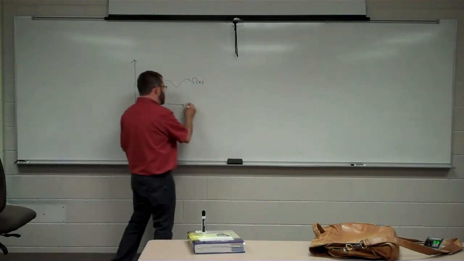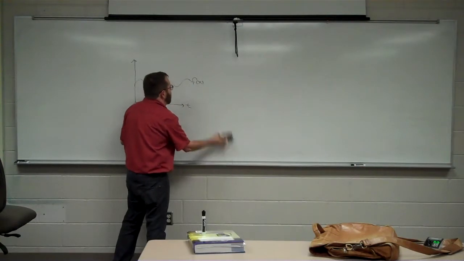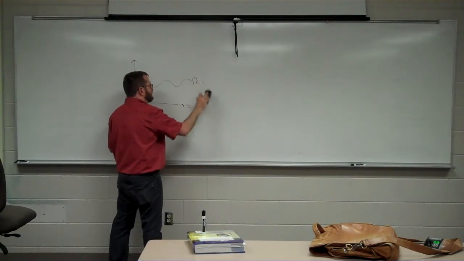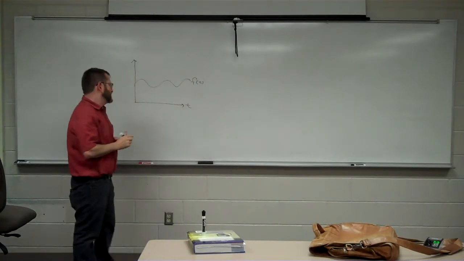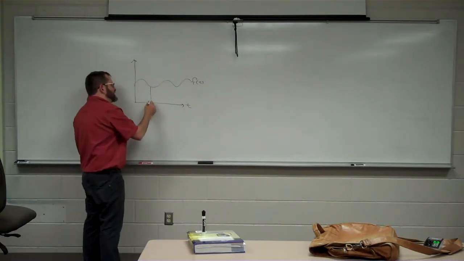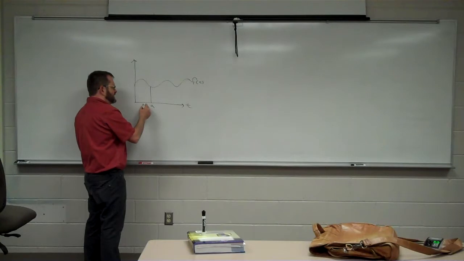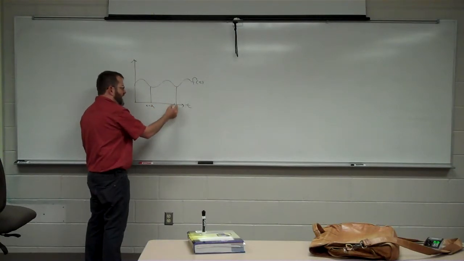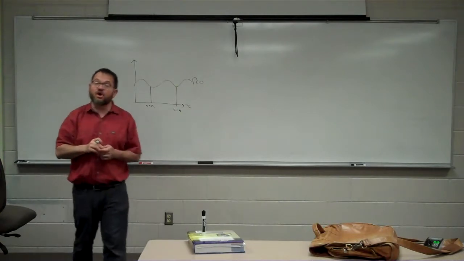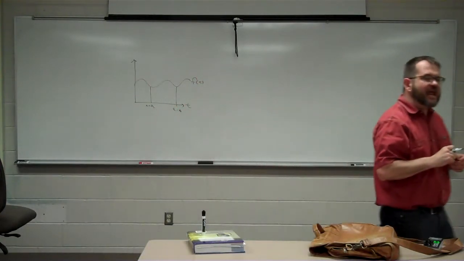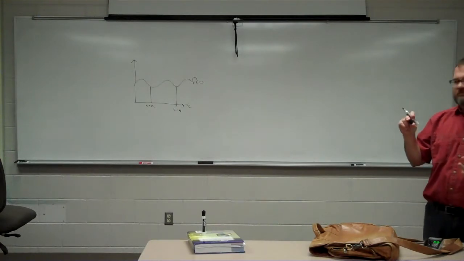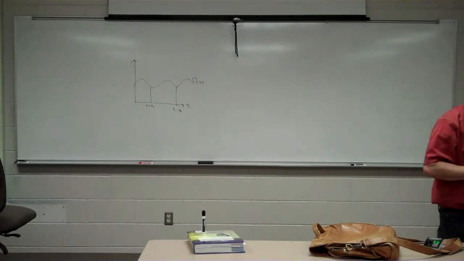No, let's not use x. Let's call this axis here t. There's a reason why we're going to do that in just a second. You know, we can talk about the area between t equals a and t equals b. And in fact, last time we learned all about doing that. That's what definite integrals were: the area under a curve between some beginning point and some ending point.